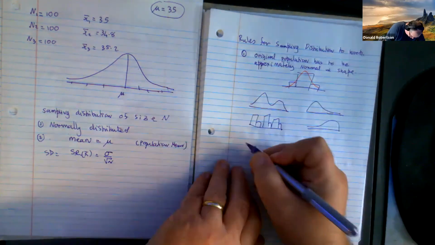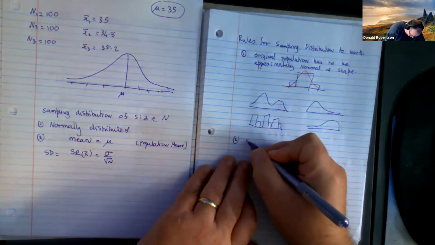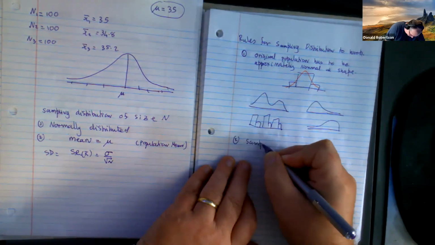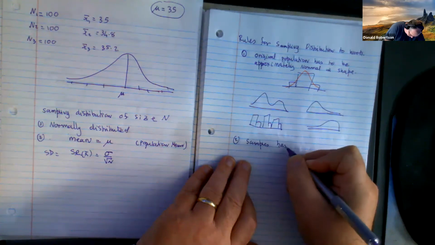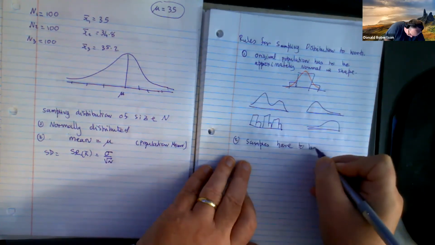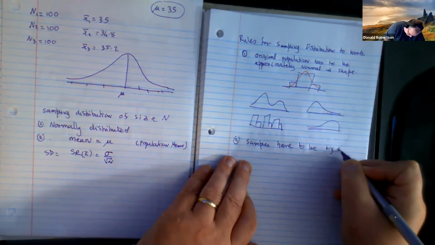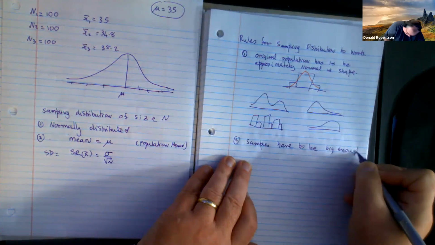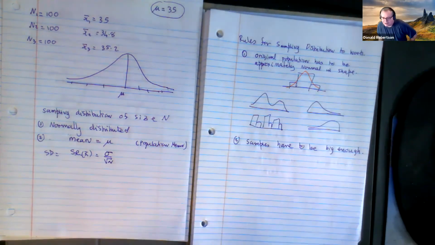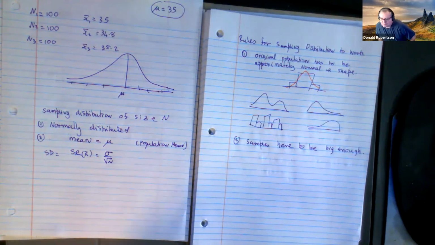And number two is that the samples have to be big enough. And we have a problem with this. We never got together and decided how big is big.